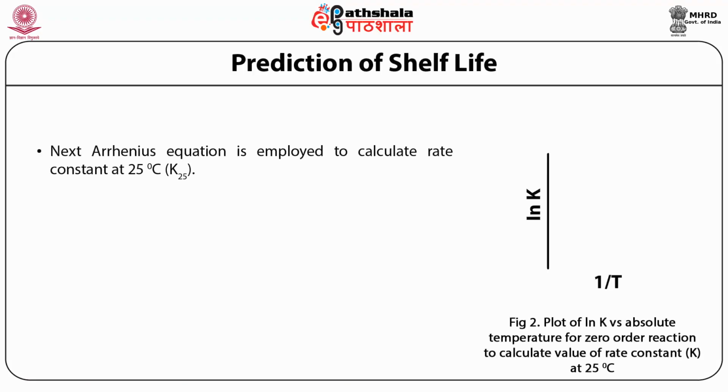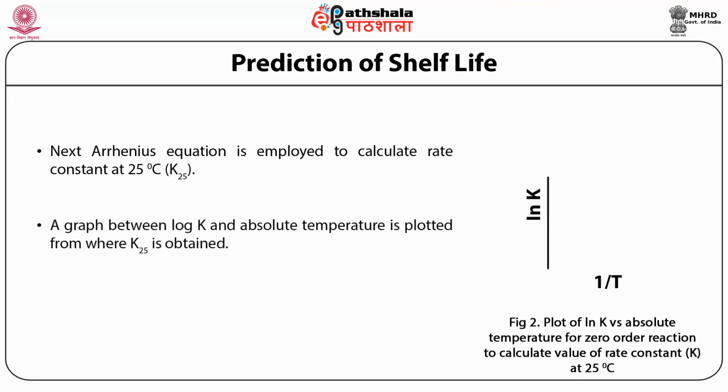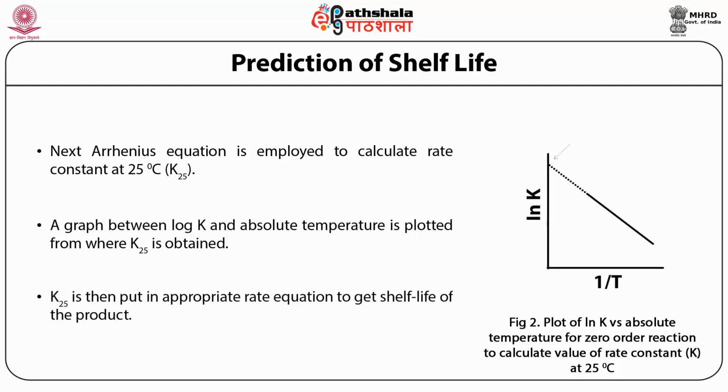Next, Arrhenius equation is employed to calculate the rate constant at 25 degrees Celsius, and a graph between log K and absolute temperature is plotted from where K25 is obtained. K25 is then placed in an appropriate rate equation to get the shelf life of the product.